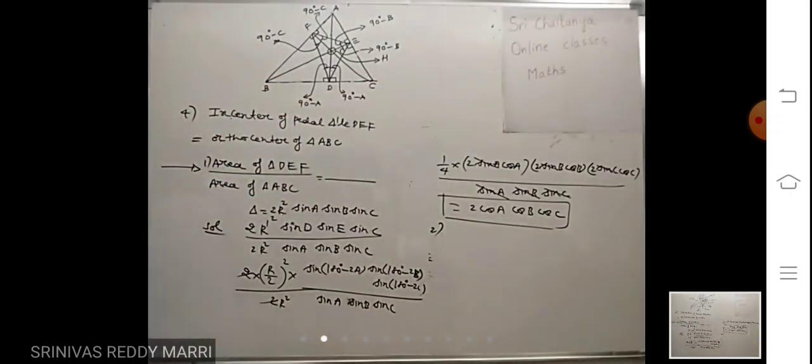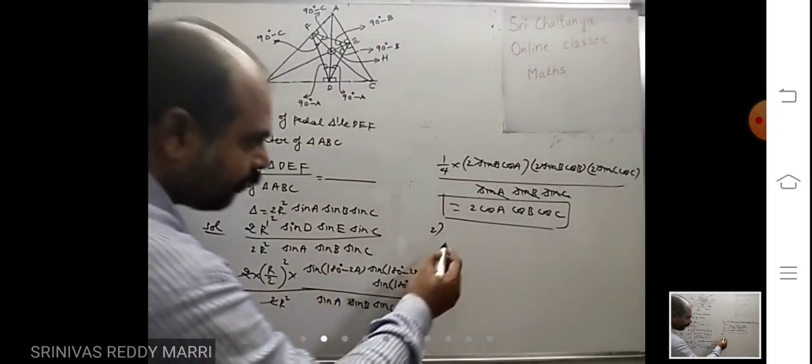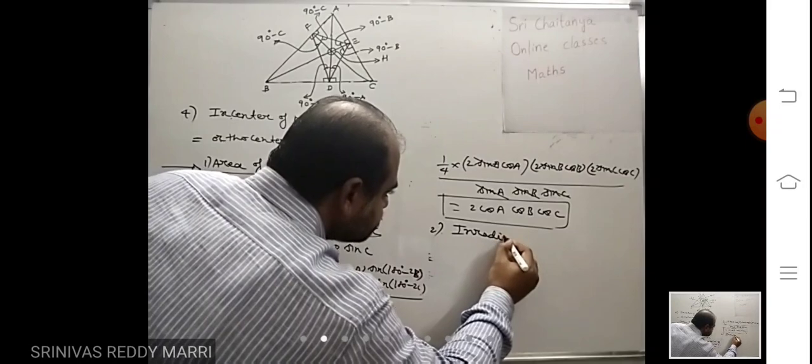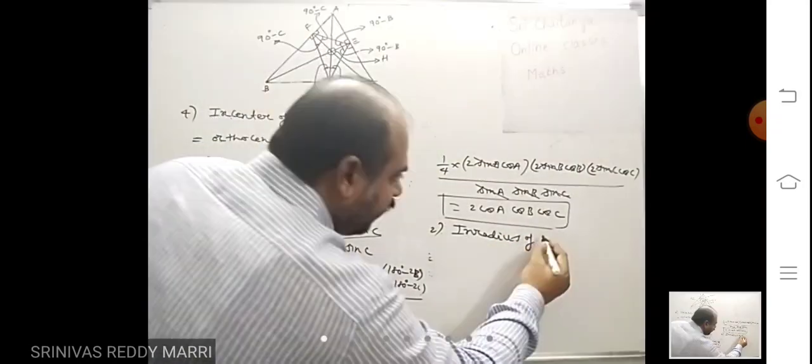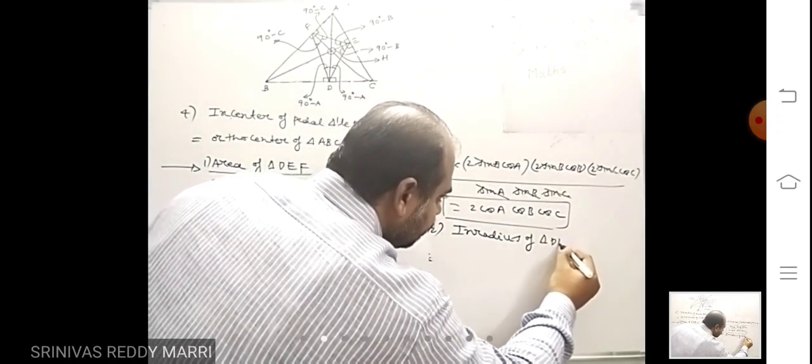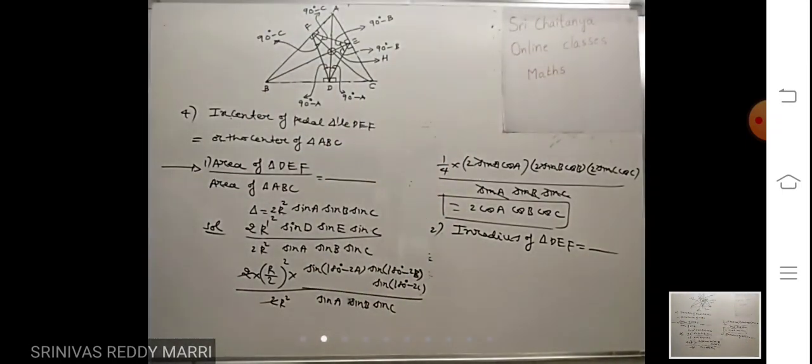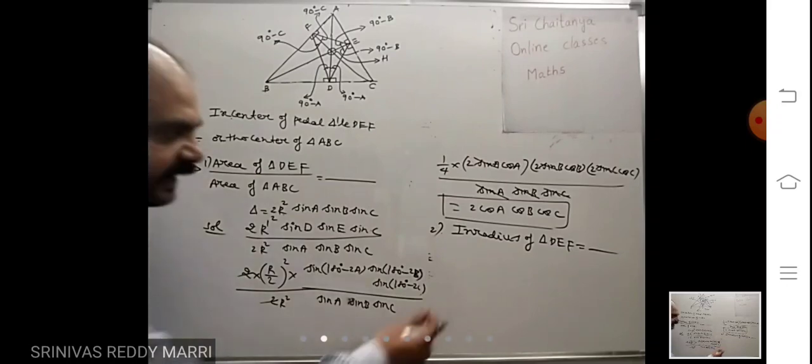Suppose the second question. Look at the second question: inradius of triangle DEF equals dash. Inradius means what?